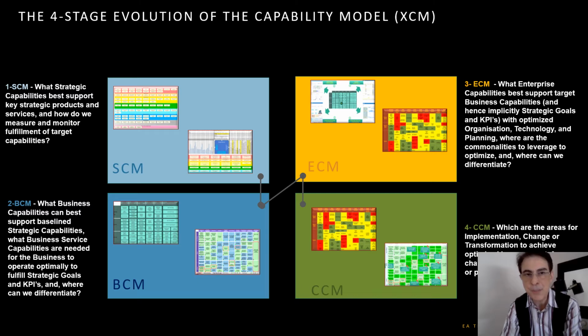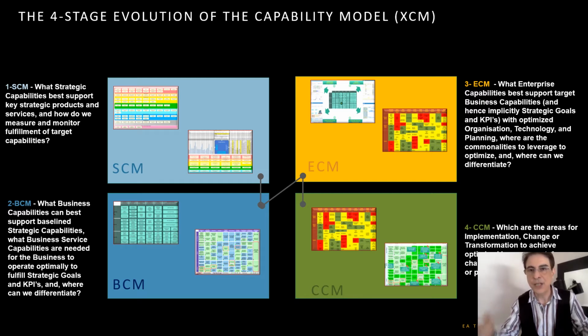So it's important to remind ourselves of the four-stage evolution of what we call the XCM, which is the X capability model. This, as we have said, is the only central artifact that we need within the ePerspectives framework when we are talking across the enterprise and the organization.